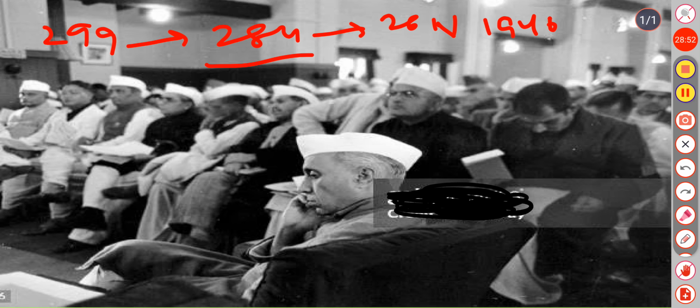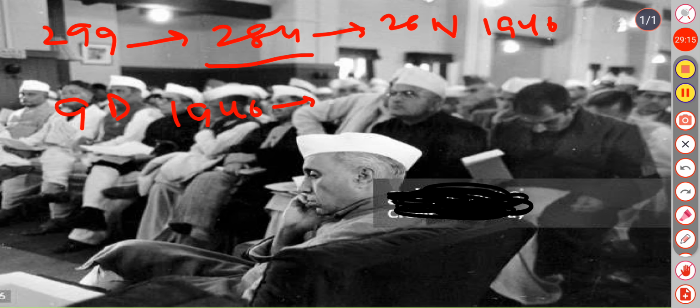The assembly, which had been elected for the undivided India, held its first meeting on 9 December 1946. This was the first meeting, and that is important.